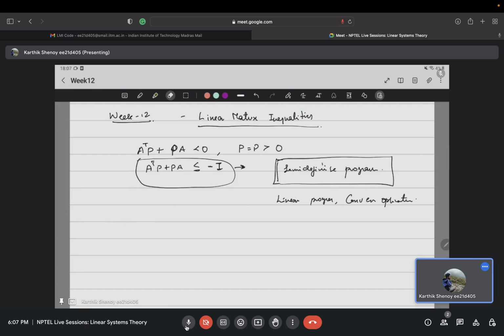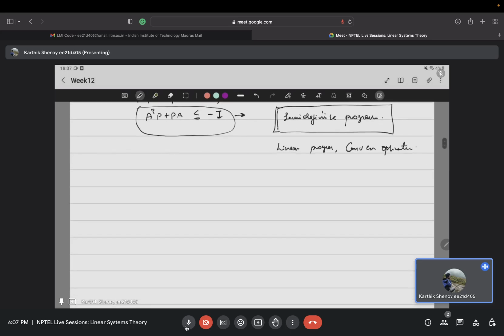So what's the definition of a linear matrix inequality? Let's say a function of x in general, F(x), which is equal to some known matrices, x1 F1 plus x2 F2 up to xn Fn, is less than 0.